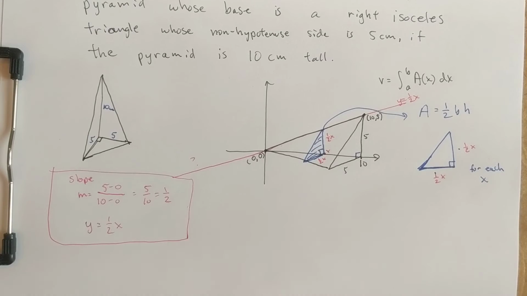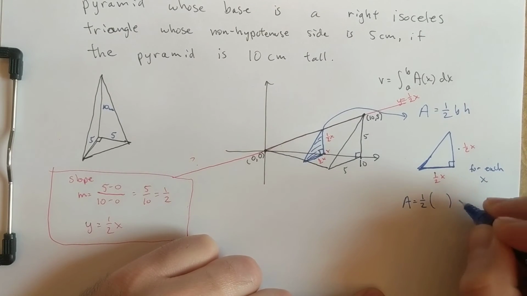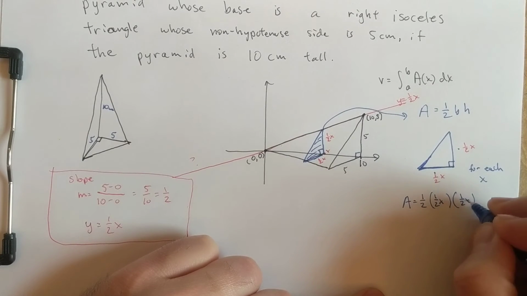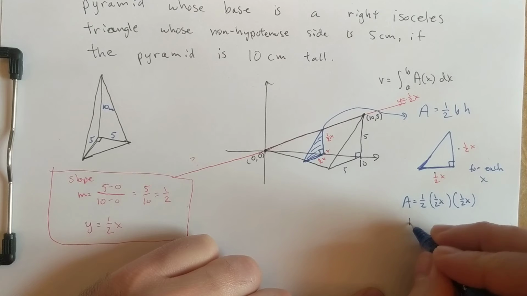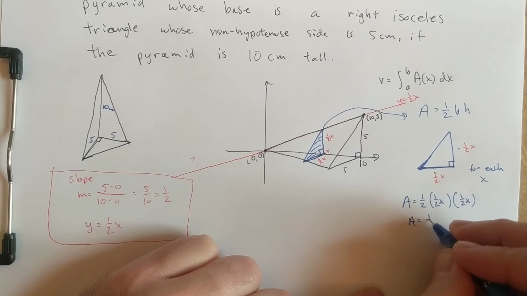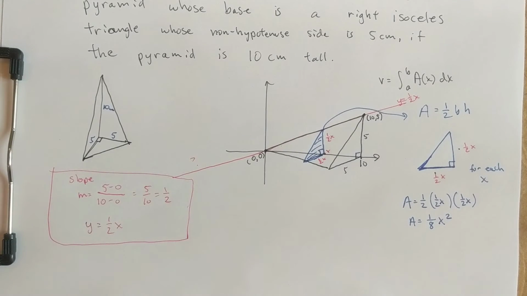Okay, so then what does that make the area? Well, the area is 1/2 base times height. The base and height are the same, they're just 1/2 x. So the area, if we simplify this a little bit, is 1/2 times 1/2 times 1/2, which is 1/8, and then x times x, which is x squared.